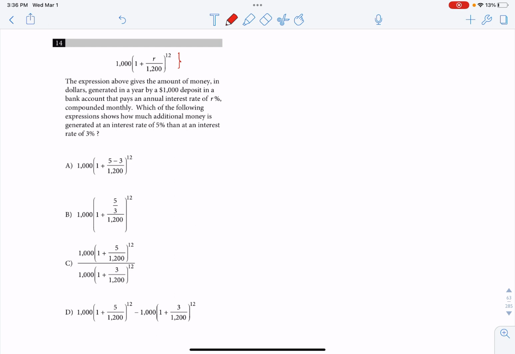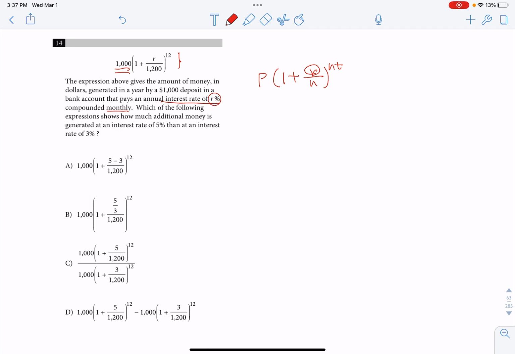And then this one, the expression above here will give you the amount of money in dollars generated in a year by a 1,000 deposit, the initial amount deposited in a bank account that pays an annual interest rate of r% compounded monthly. So we start with the P with the 1 plus r over n to the nth power, and this one represents the r%.